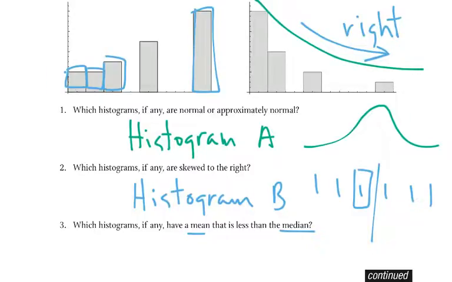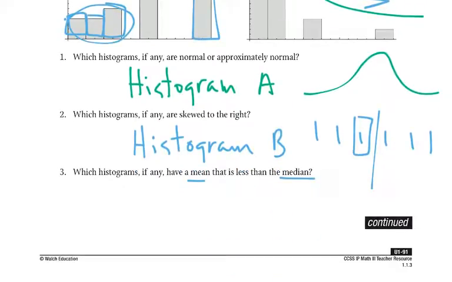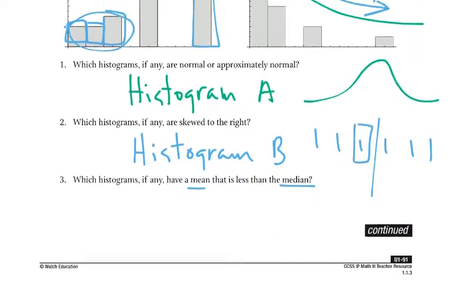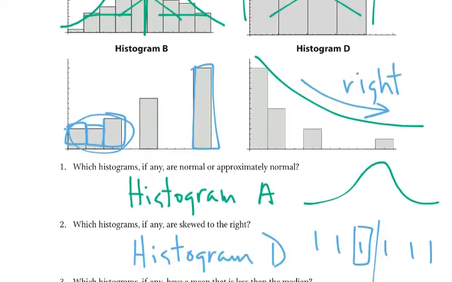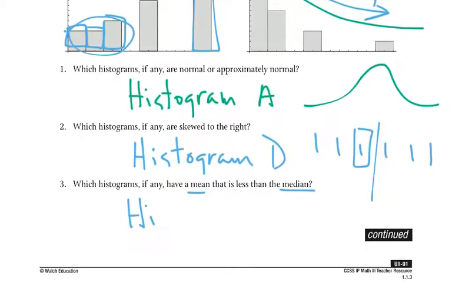The median would probably end up being higher because these lower numbers would pull down the mean while not affecting the median as much. Oh, I mislabeled this one, didn't I? That was what was throwing me off. So then this one would be histogram B.